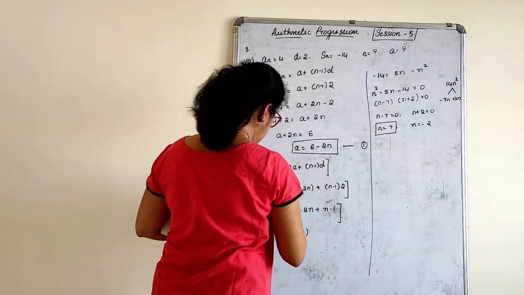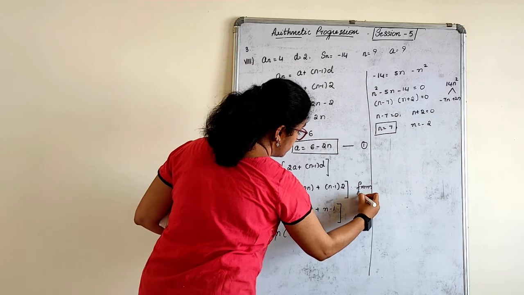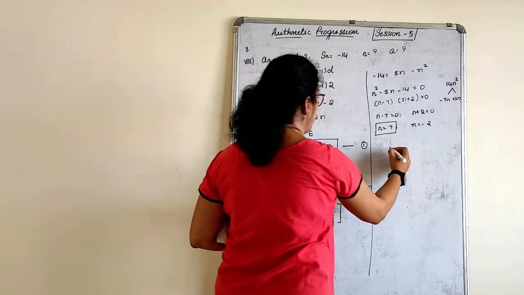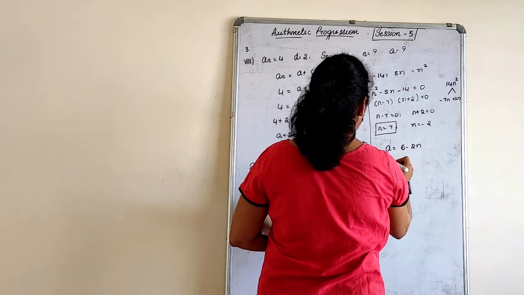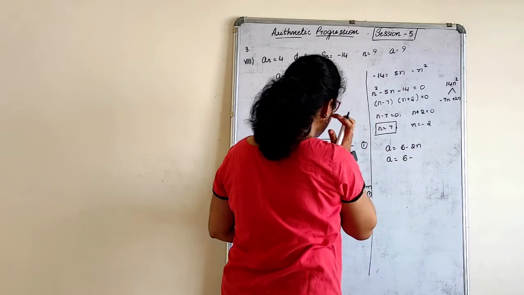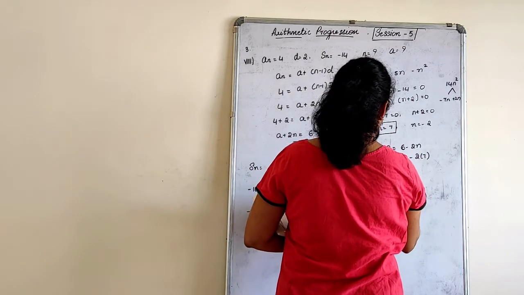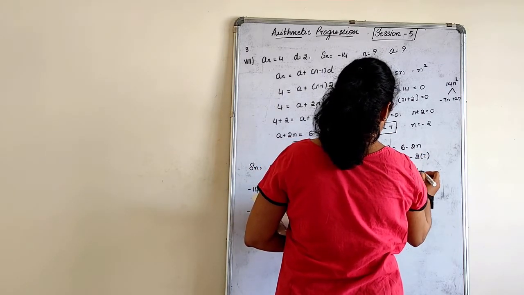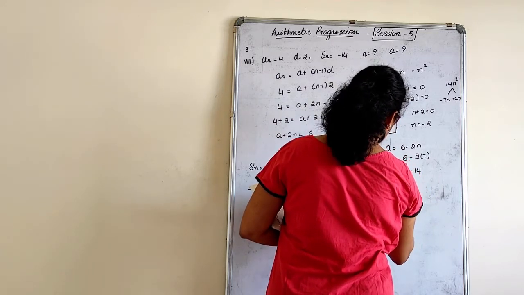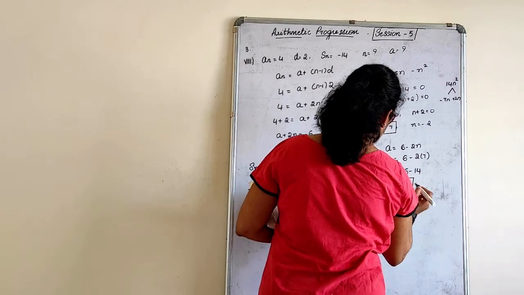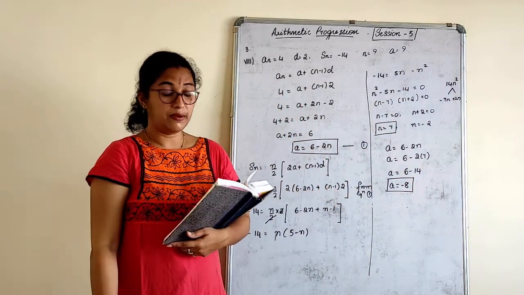So I can write here, from equation 1, a is equal to 6 minus 2n. a is equal to 6 minus 2 into 7. a is equal to 6 minus 14. a is equal to minus 8. Okay, so this is how we do the sum.